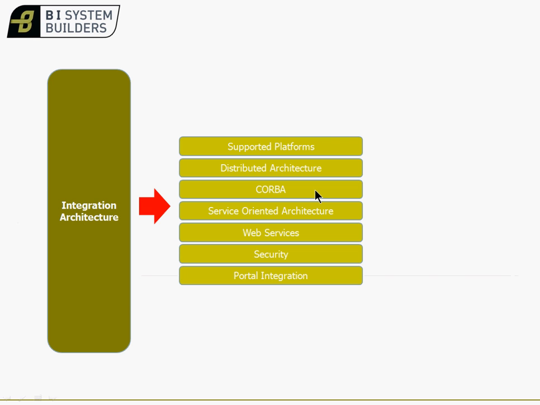Now, integration architecture. You remember that I said that the SAP BusinessObjects BI4 platform, and actually from the earliest release since the acquisition of Crystal Decisions, runs on Corba, Common Object Request Broker Architecture, and this facilitates the distributed architecture.